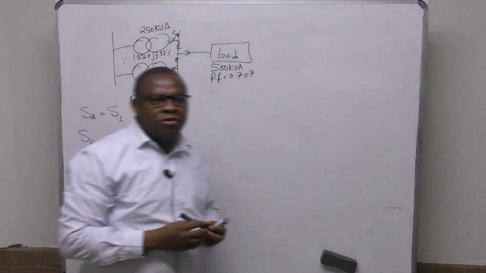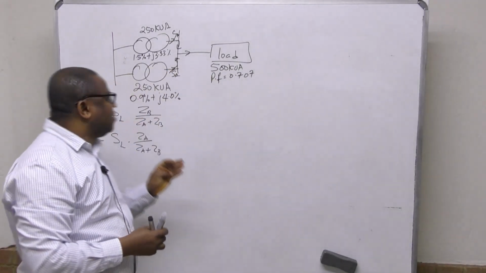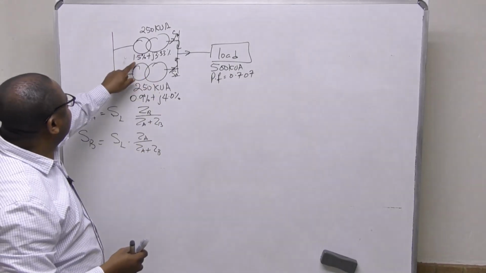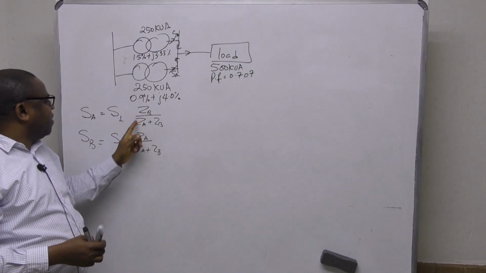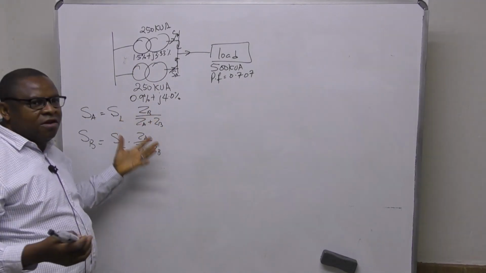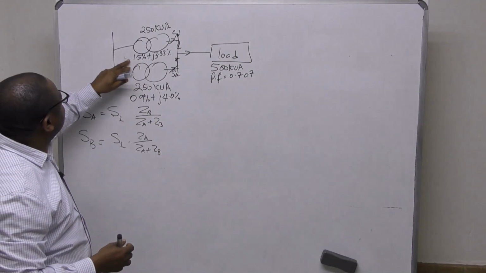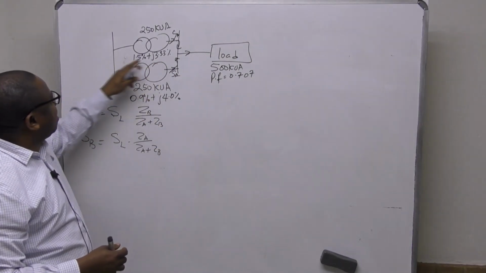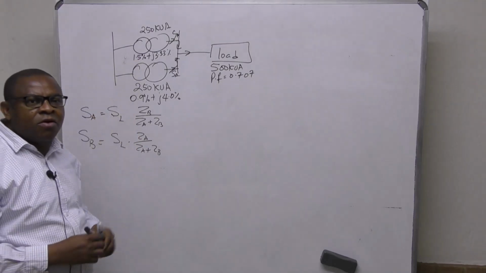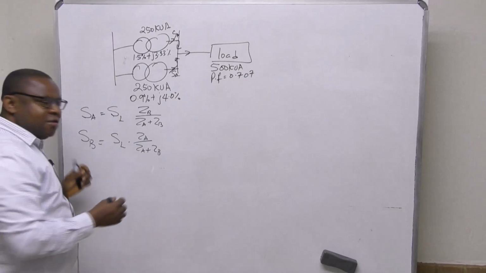You may not need to worry yourself dividing by 100 or whatever. You can just use these values as they are, because if I take this by that, it will still give you the same, even when you have put this as 0.015. If you divide by 100, you still get the same thing. So you can just leave this as it is.